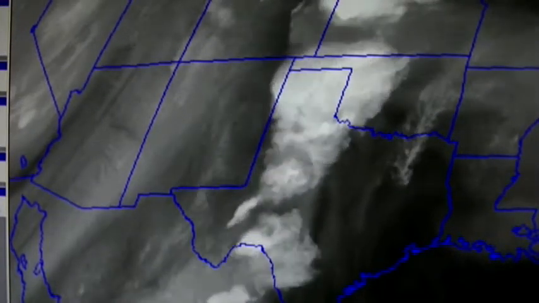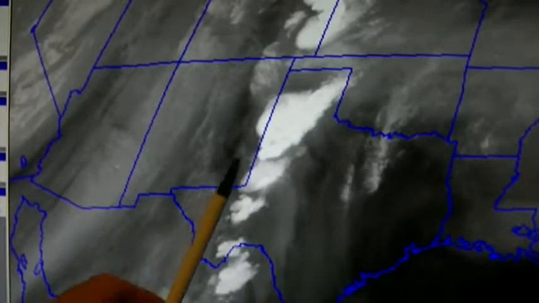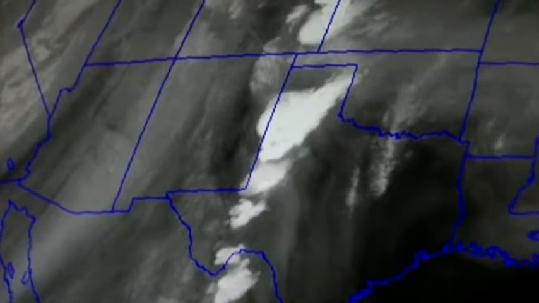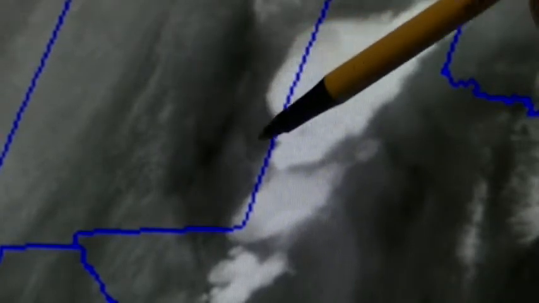But actually, I've got to stop this. This is cool. Okay, this first frame, we can see a ring here. 1, 2, 3. Yeah, I can see rings right here, and they're right in this area.